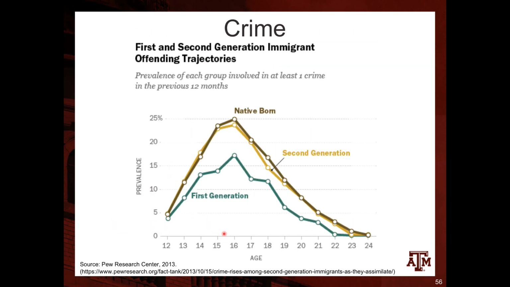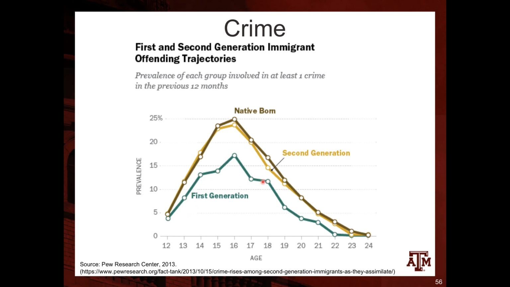And here we have data from the Pew Research Center for first and second generation immigrants. This is the prevalence of each group involved in at least one crime in the previous 12 months, so it takes into account the size of each group.